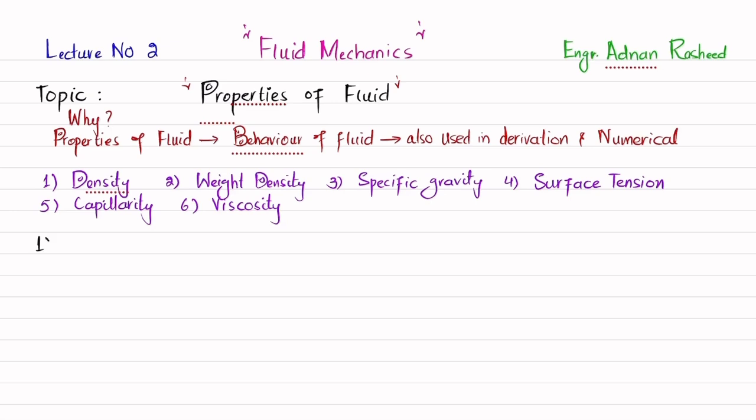So starting from density. Density is also known as mass density and is represented as rho.